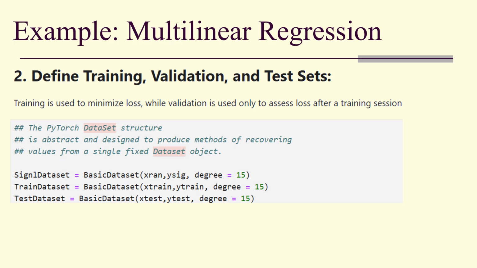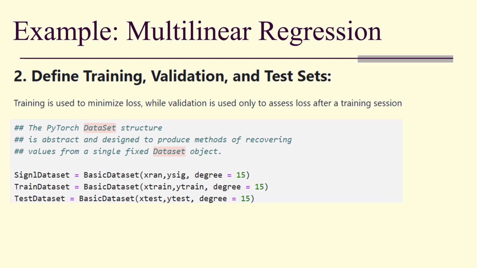So next we define our training, validation, and test sets. So we're often given the test data as a gold standard, but here I'm assuming we have the X-train, Y-train, X-test, and Y-test. And that signal data set, that's just going to be what we use to compare to the actual signal structure itself.